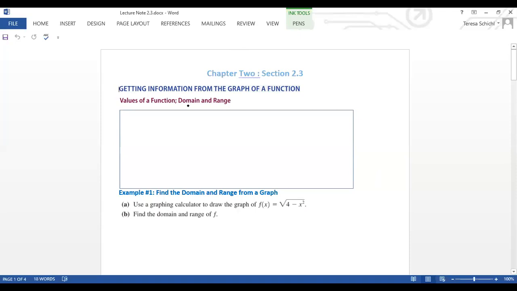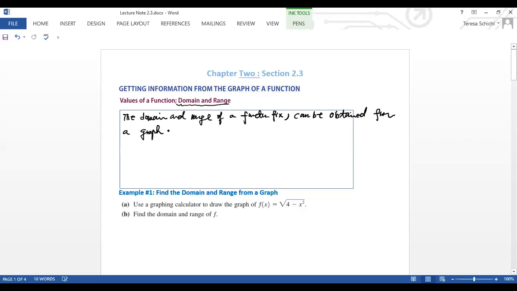The first thing we're going to see is how to identify the domain and the range of a function f of x, which we can obtain from the graph of the function.